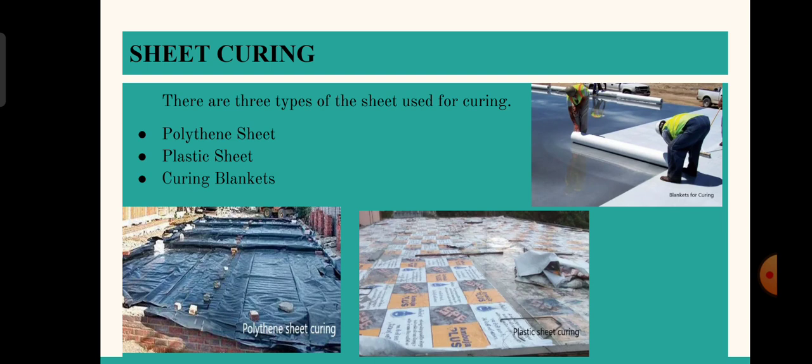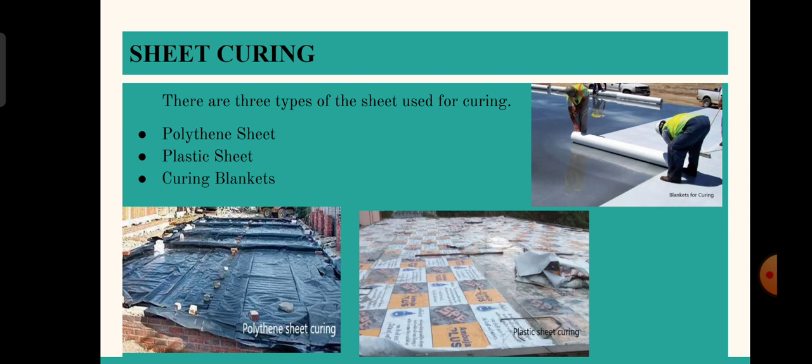It is a watertight and low weight material, that is, less self weight, and in addition it is very easy to handle. Compared to polythene sheets, which come in bigger lengths, plastic sheet is of lesser length and easy to handle.